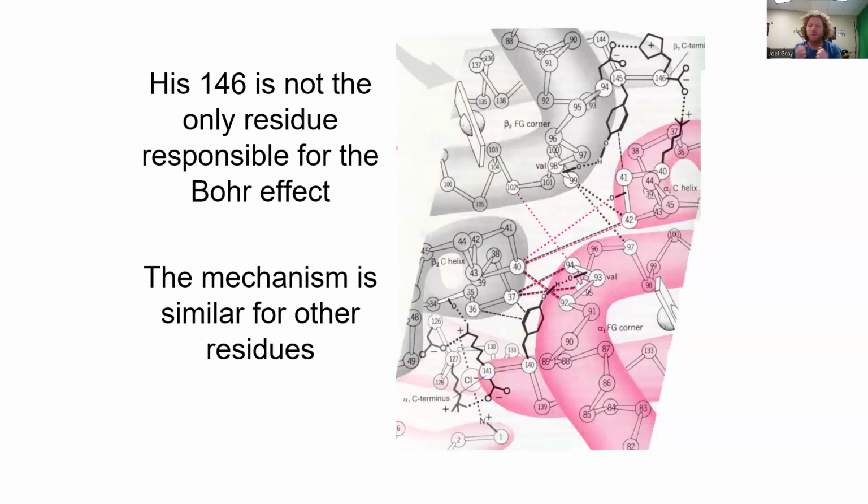So there are tons of relationships between P50 and stabilization of a structure. If you could add something to hemoglobin that stabilizes the R state, what is that going to do? Well, it's going to cause the P50 to go down. And when that P50 goes down, what are the implications? That means your affinity for O2 is going to go up.